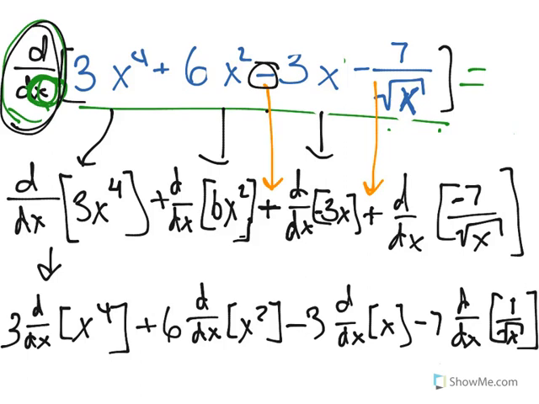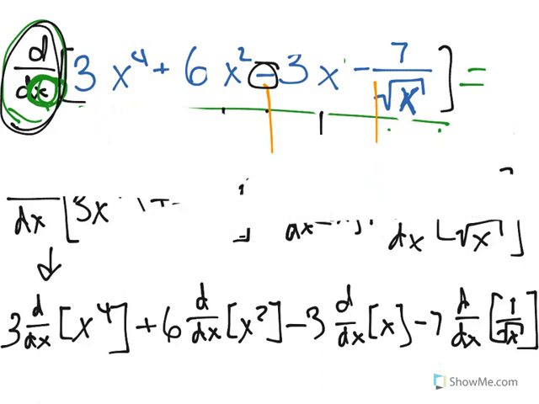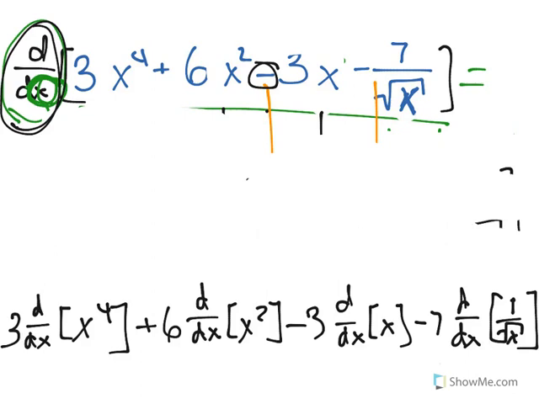Now we just have to find the derivatives of x to the fourth, x squared, x, and 1 over square root of x. And we will just use our power rule to figure this out.